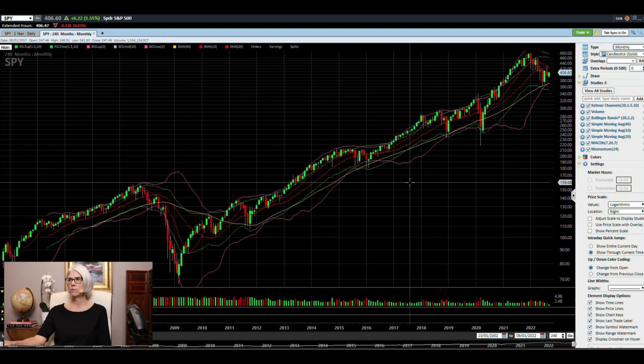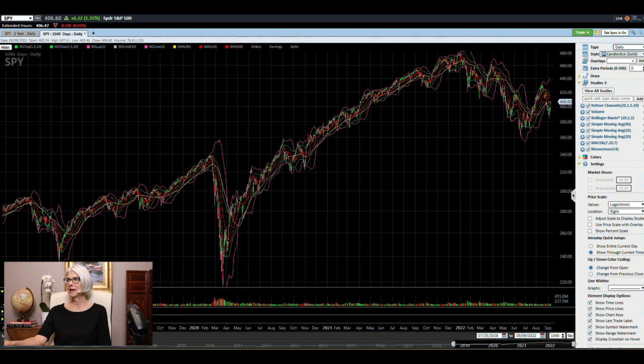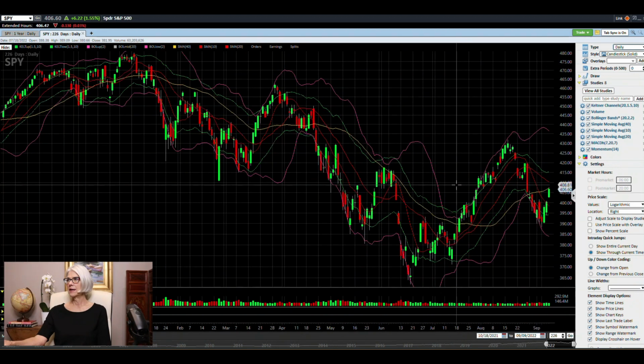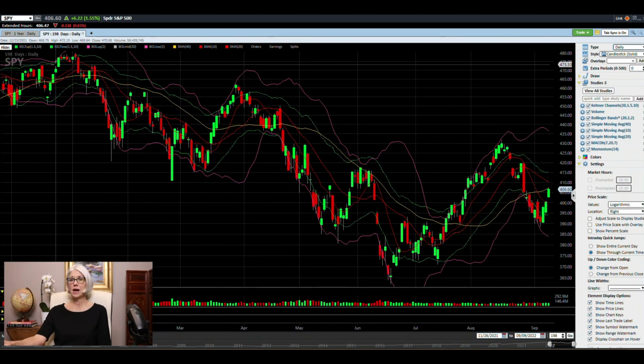If you take a look at the monthly, you'll notice this is fairly smoothed out. The moves don't look as dramatic. But if we take a look at the daily, and let me zero in on that, wow, this is much more dramatic. That feels much more painful.